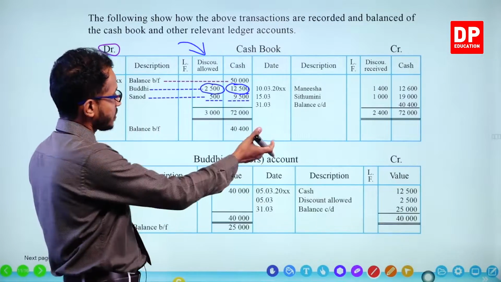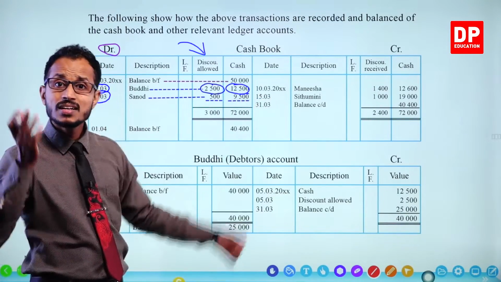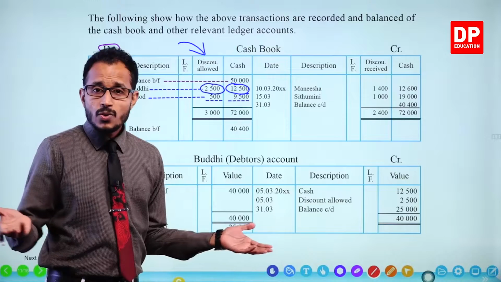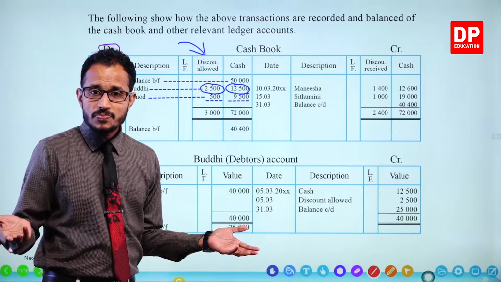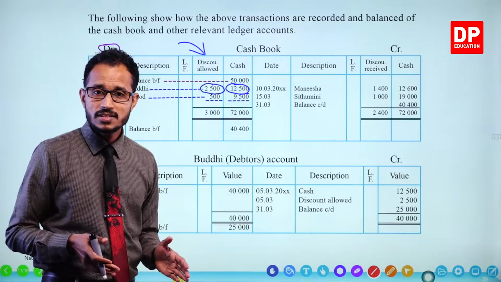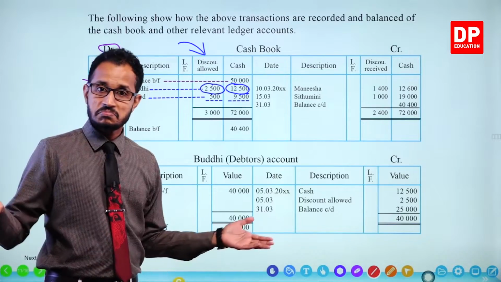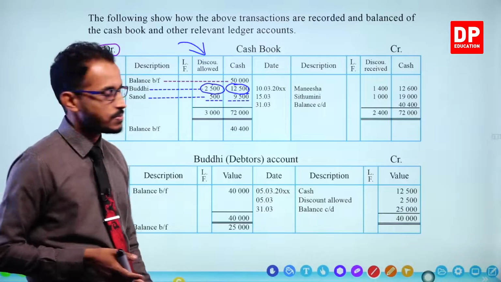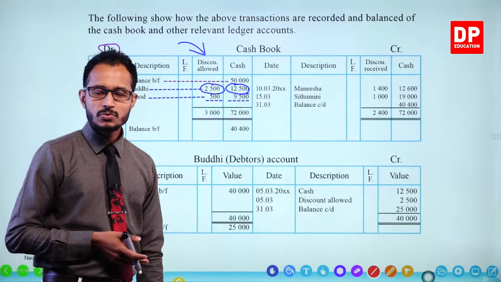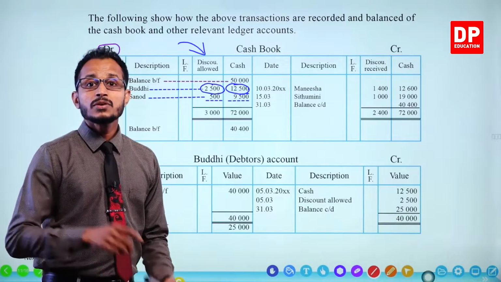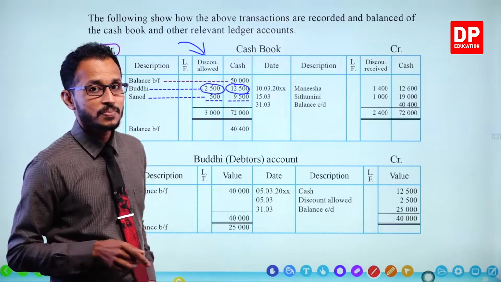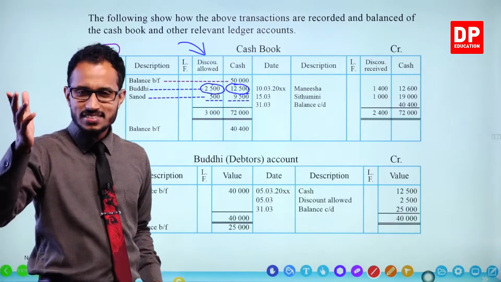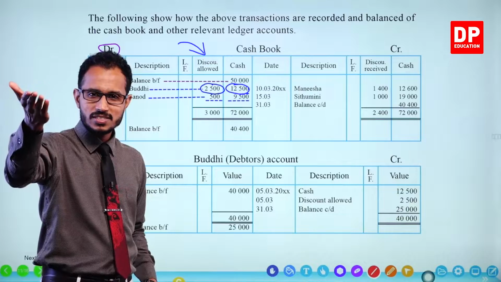What did we miss? Children, the double entries. Where are the double entries? I did not record the double entries and I tried to move on to the next transaction. You should have noticed that. Who noticed? Honestly tell me.